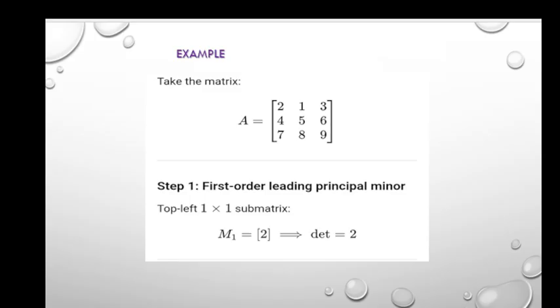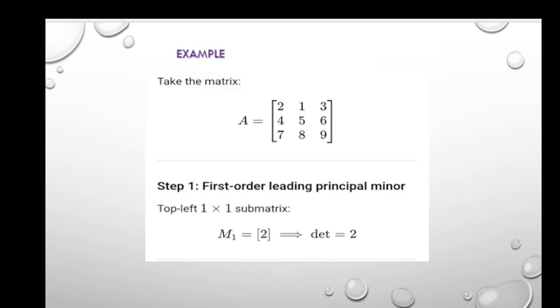In second order leading principal minor case, n equal to 3, same here, because the given matrix is order 3, and we are going to find second order leading principal minor. So k equal to 2. That is, n minus k equal to 3 minus 2 equal to 1. So we have to delete the last one row and last one column. That is, we are going to delete the third row and third column.